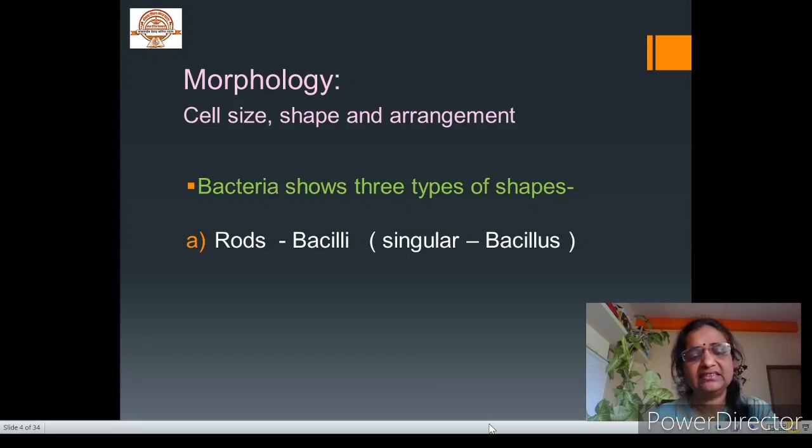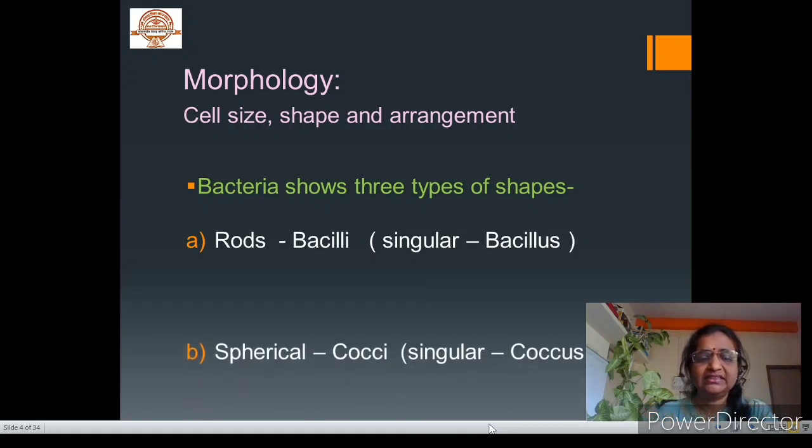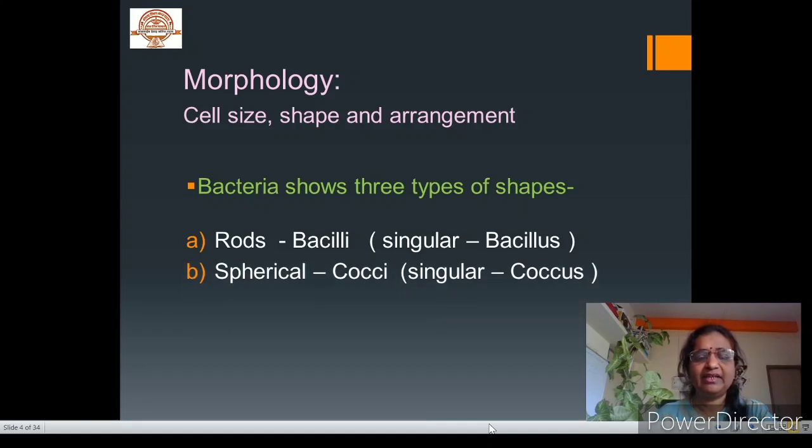In a later slide we will see these sketches of rods or bacilli. The second shape observed in bacteria is spherical. It is an entire circle, a ball-like bacteria. In microbiology, they are called cocci. When single, they are called coccus. The third shape of bacteria usually observed is spiral or spirochetes.